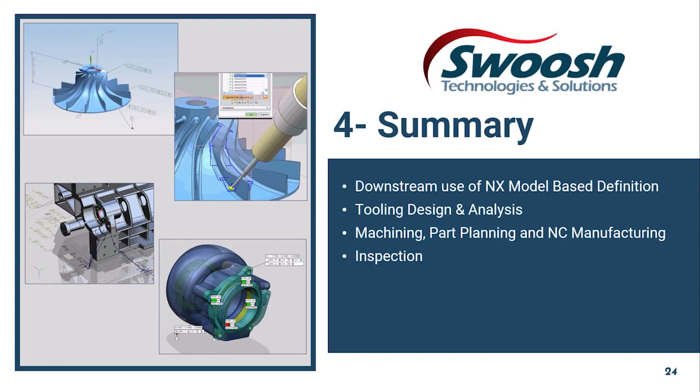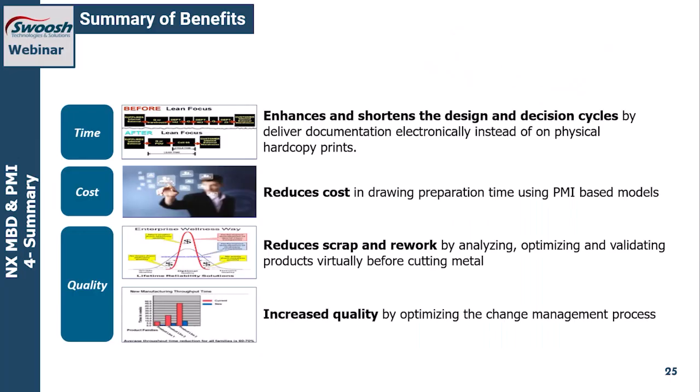Now let's take a look at a quick summary of what we talked about here. So in summary, the benefits of the PMI model-based definition applied to your parts. That's going to enhance and shorten the design and decision cycles being made on your parts. That's going to save you time. That's going to reduce costs here, especially in drawing preparation time using PMI-based models.